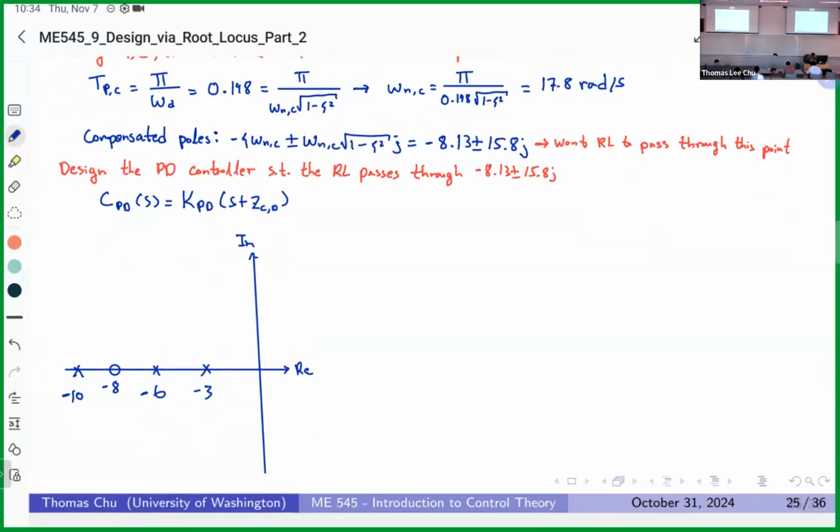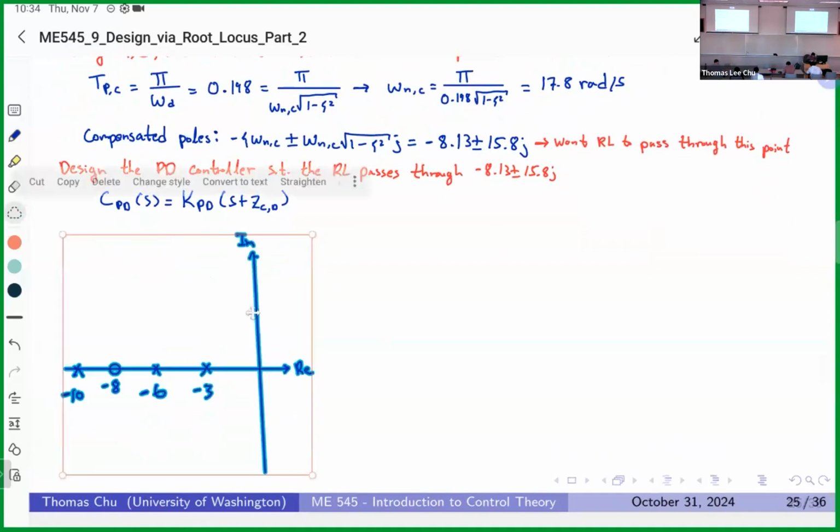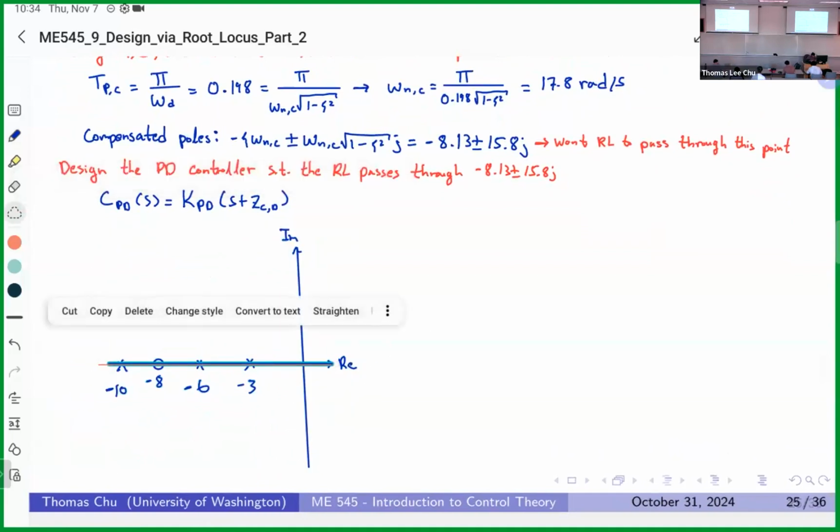So maybe I'll put a zero to the left of all of this, just to give myself more space. I'll put my PD zero right here. I'm going to call it -ZC, should be ZCD. And then my evaluated point is going to be at -8.13 plus 15.8j, probably a little higher up.